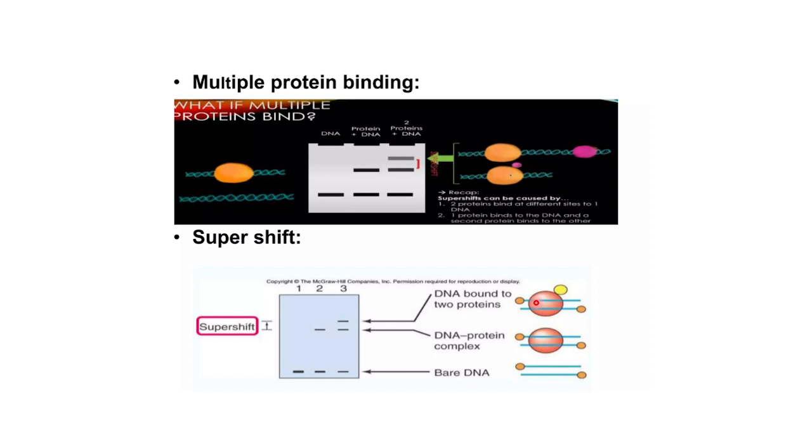Based on that, you may get numerous bands. We call that the supershift, where there is a shift between the original protein-DNA complex, and the protein-DNA complex along with some other kinds of proteins, either because of contamination or maybe because of its own nature.